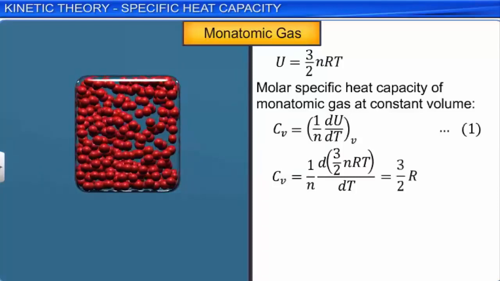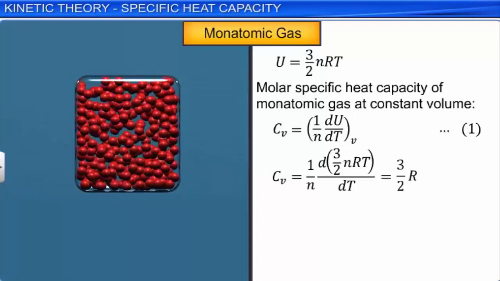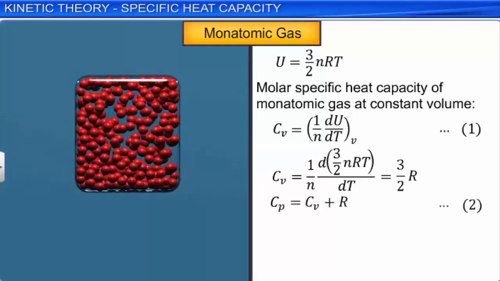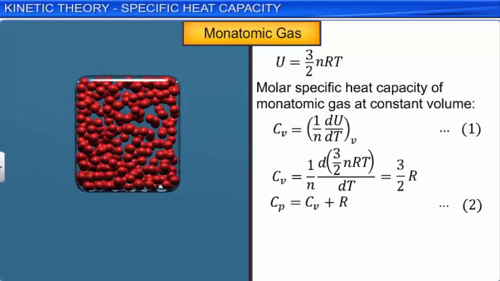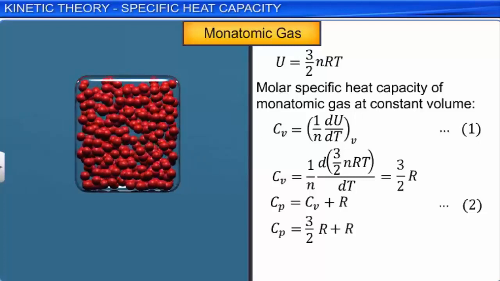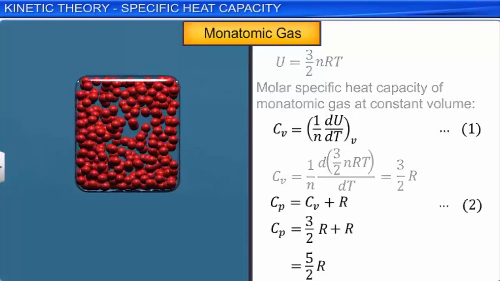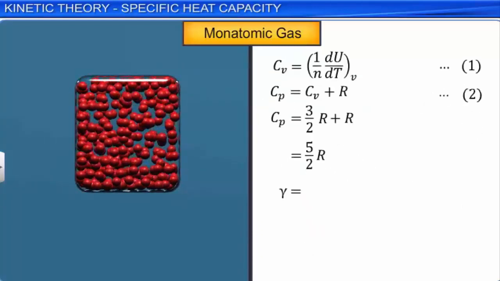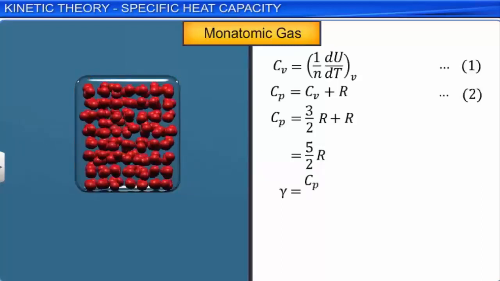As per equation 2, we get Cp is equal to Cv plus R. Hence, we get Cp is equal to 3 by 2 R plus R, which is equal to 5 by 2 R. Gamma is equal to the ratio of the specific heat capacity at a constant pressure, Cp, to the specific heat capacity at a constant volume, Cv.